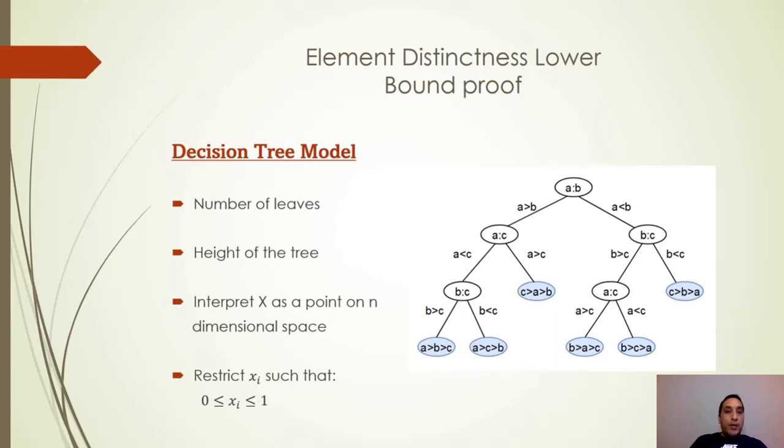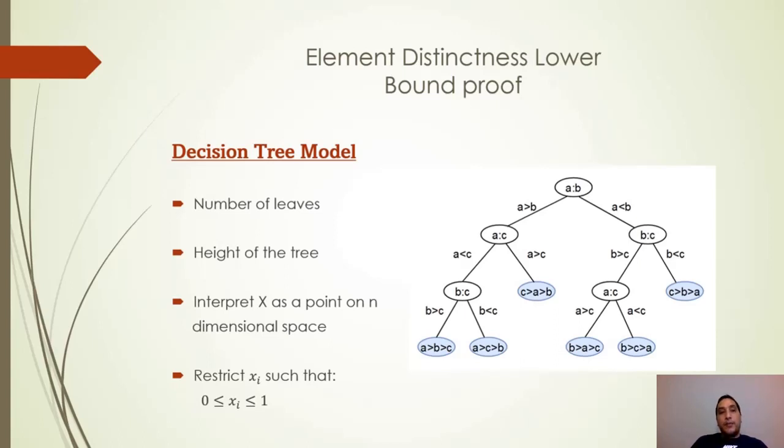And therefore, we're going to interpret X with n elements as a point on an n-dimensional space. And therefore, if X has two elements, the first element is going to represent the x-axis, and the second element is going to represent a value of the y-axis.